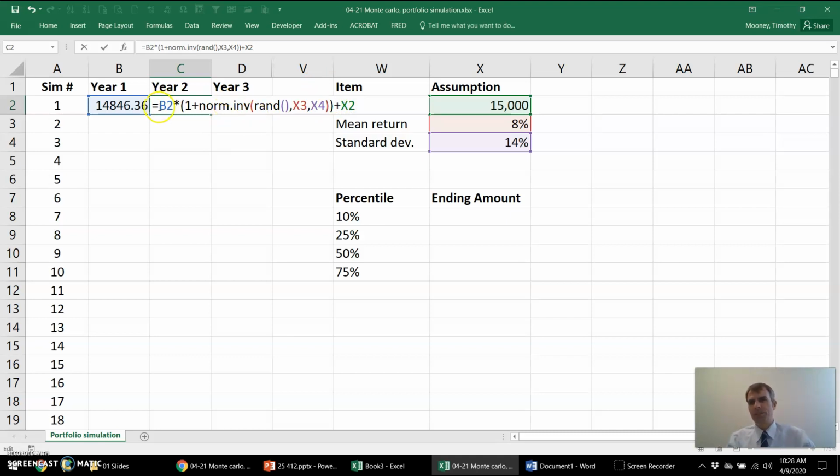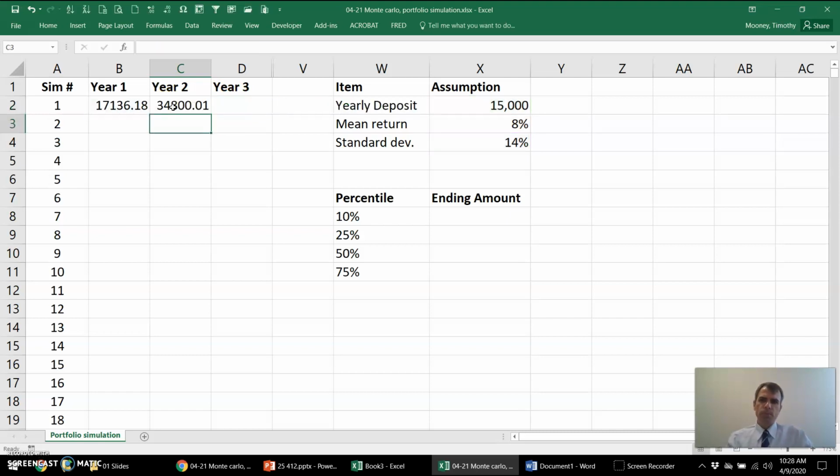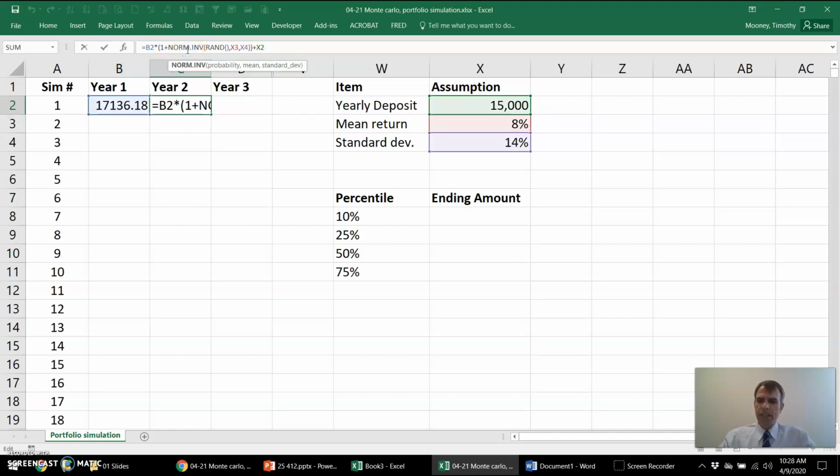We could adjust it to see how it looks if we add the payment at the beginning of the period. But let's set it up like that. So each year we add $15,000, and before that, we simulate how the beginning account balance will grow or decline depending on a positive or negative return.